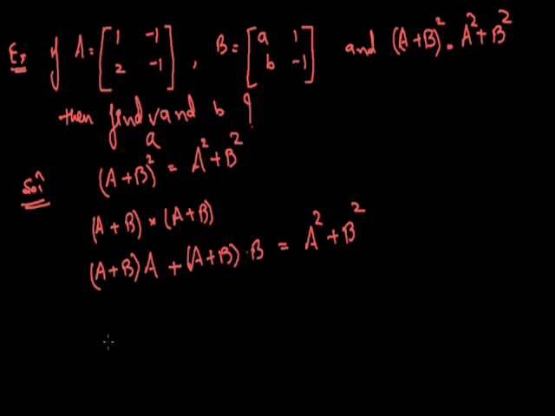So it is A square plus BA plus AB plus B square equals A square plus B square.